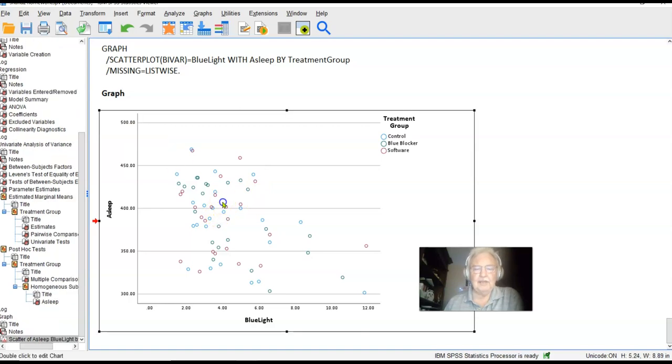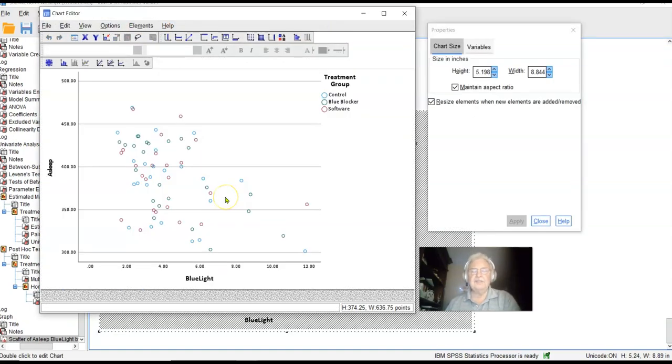Now, generally speaking, SPSS is a terrible program for making nice graphs. But it's pretty nice for making quick and dirty graphs. And that's what we want here. We just want to check our assumption that the slopes are equal.